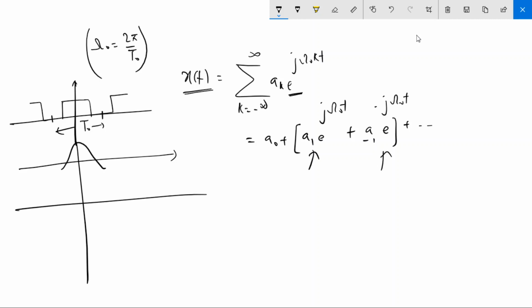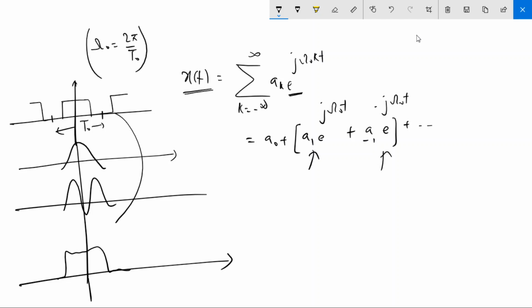Then you have the second harmonic, which will have double the frequency, so it will be compressed. Then you have 3 omega naught, 4 omega naught. What happens when you add all these signals together? You get a waveform like this, a close approximation of this original waveform. This may be for 10 harmonics only. If you add more harmonics, if you add 100 harmonics, you will get a square wave exactly. This is how the signal is constructed from sines and cosines.